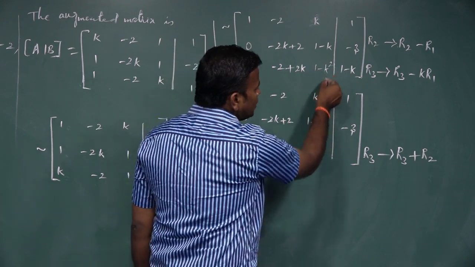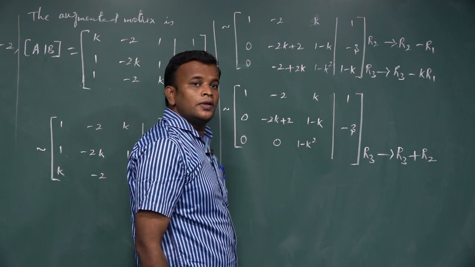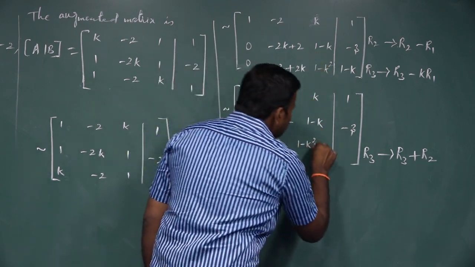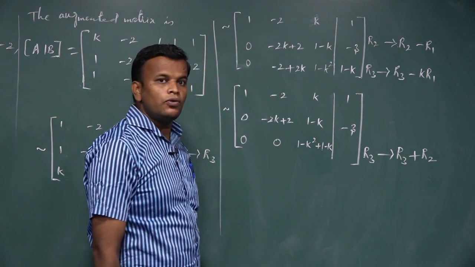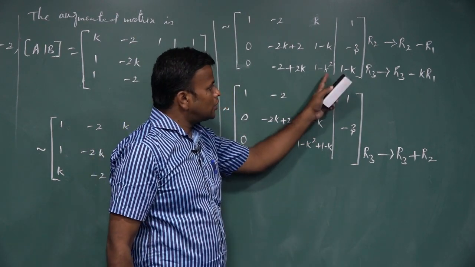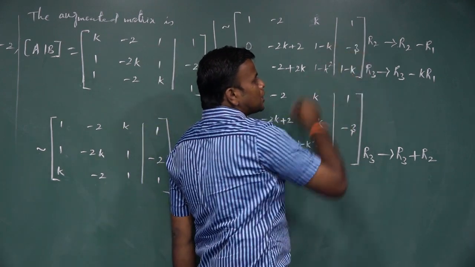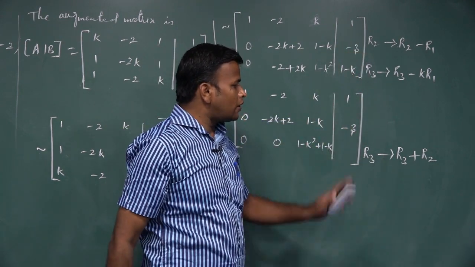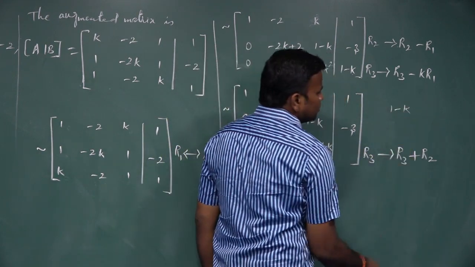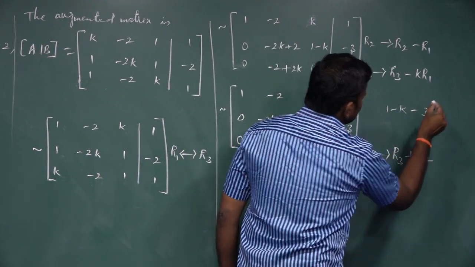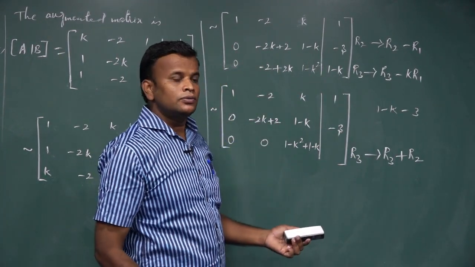First we see the value of R3, 1 minus k squared, plus R2, 1 minus k. So 1 minus k squared plus 1 minus k. Now we see the value of R3: 1 minus k, minus 3. What is the final value?